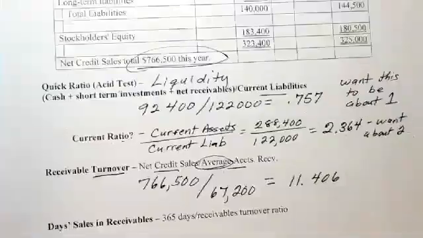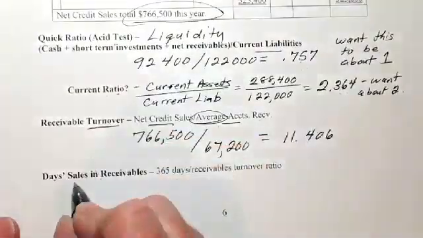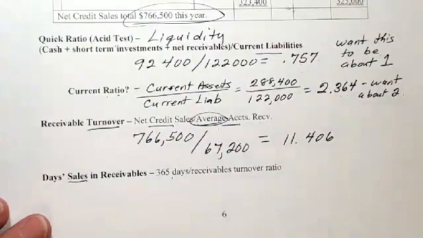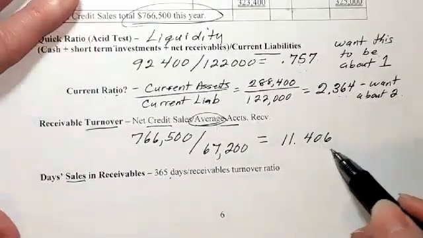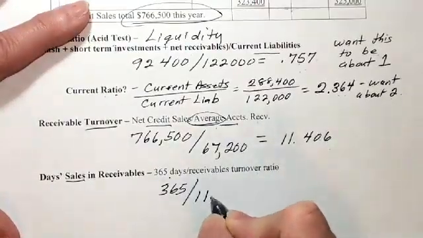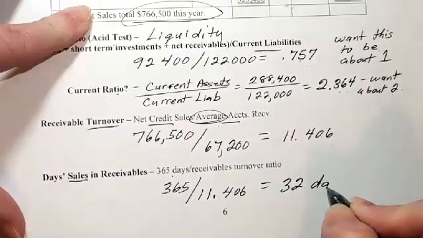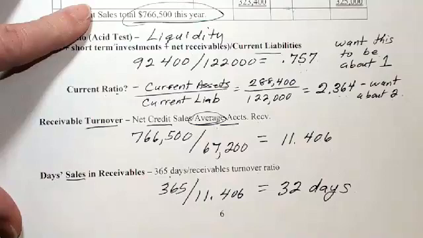That means that I collect accounts receivable 11 times through the year, but it really makes more sense if I switch it into days in receivables. There are 365 days in the year. If we turn it over 11 times, I come up with 32 days. On average, my accounts receivable are outstanding for 32 days.